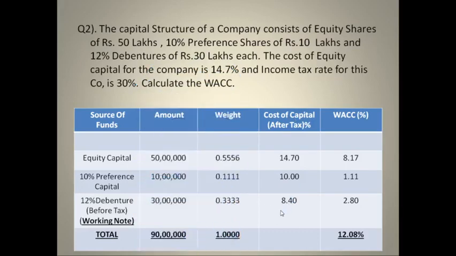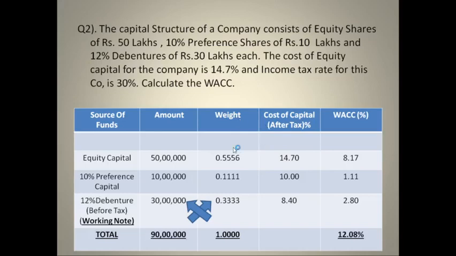Now we'll proceed and learn how to find the weights, that is, how to discover the values in the third column. What we know is that the combination of all these weights is always 100%, which can be written as 1. If this 90 lakhs is 1, then 30 lakhs is how much? Simply cross multiply: we multiply this 30 lakhs with 1 and divide by 90 lakhs, so we get the final answer as 0.333.